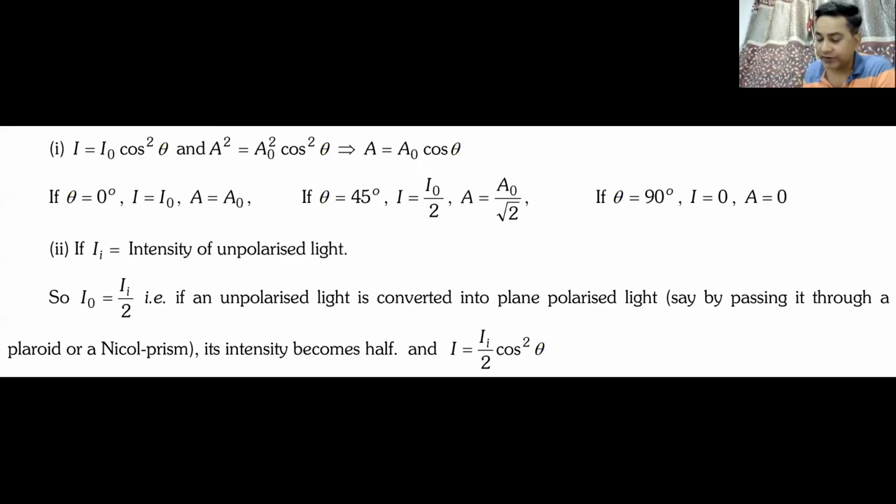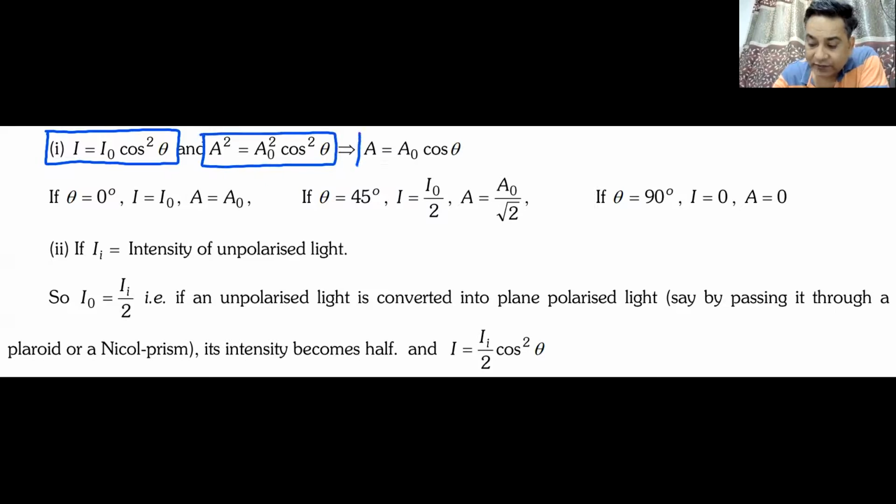Let's move ahead and see some examples of different angles. We have already seen this: I will be equal to I naught cos square theta. Yes or no? Please raise your hands. Where I is the intensity after the analyzer and I naught is the intensity before the analyzer. If I write it in terms of amplitude, the amplitude after the analyzer will become A naught cos theta.